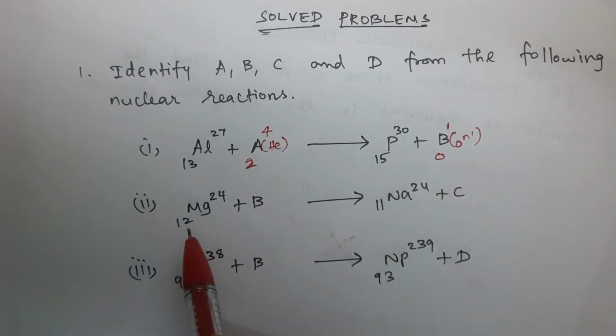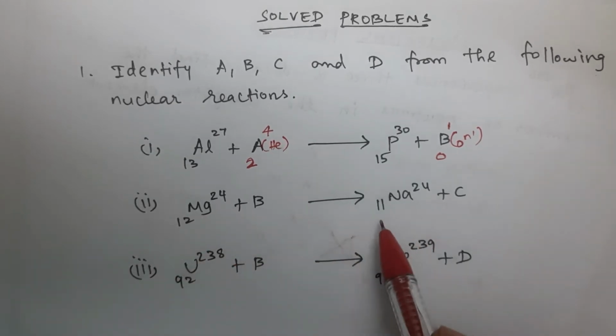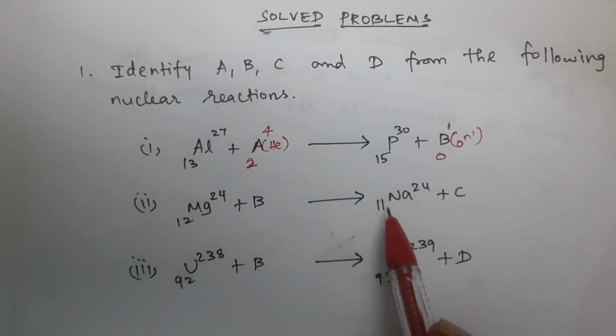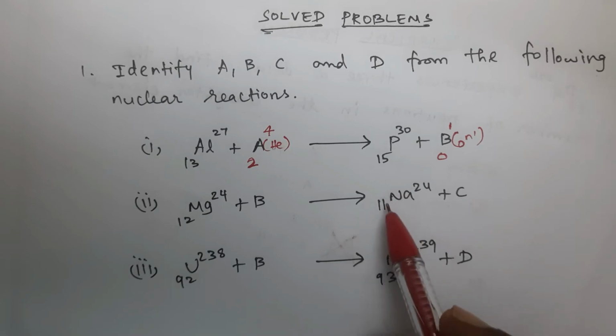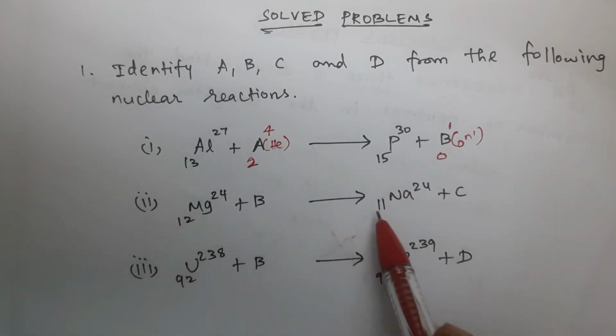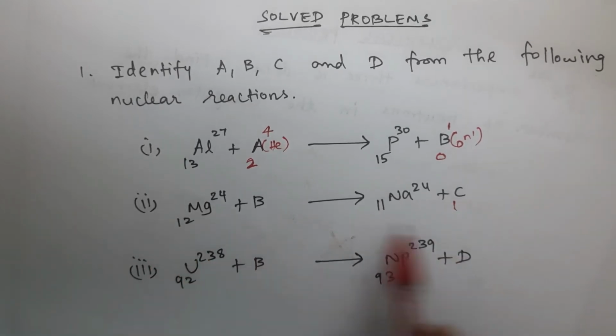Then the second one, magnesium 12-24 plus B gives sodium 11-24 plus C. Here which is the minimum in atomic number? 11 is the minimum atomic number when compared with 12. So 11 plus 1, then we will get 12. So now equalized.